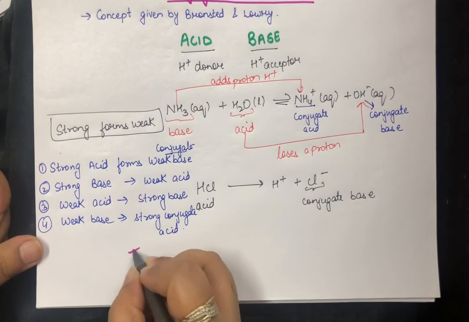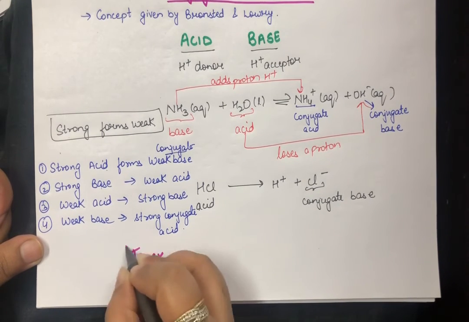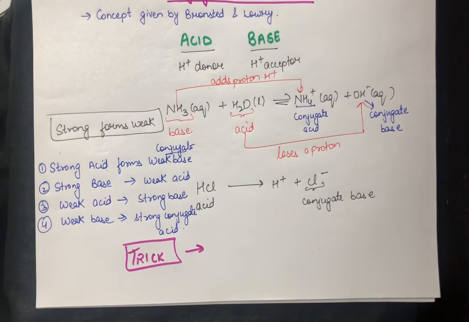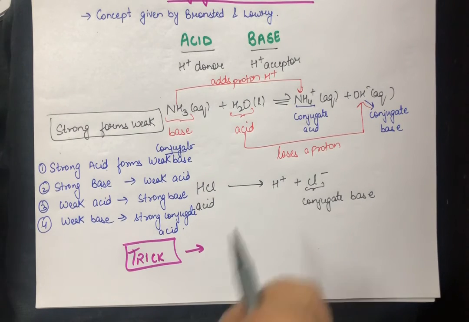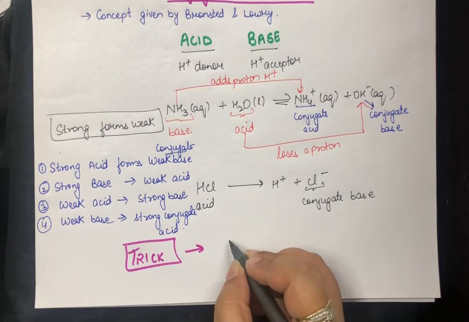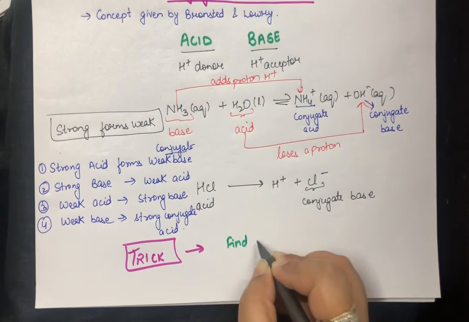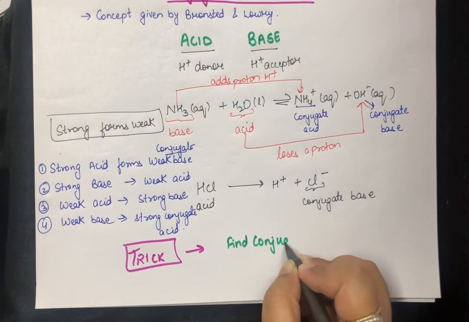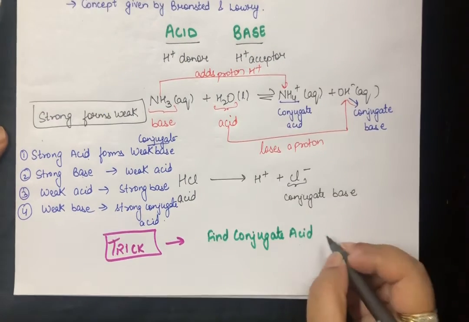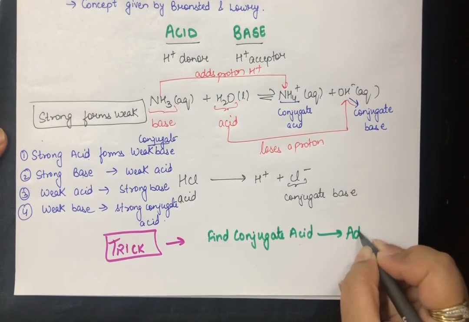Apart from that, if I talk about the trick, how to solve the questions wherein you have to find out the conjugate base or conjugate acid of a given compound, you have to do nothing. If the question says you have to find the conjugate acid, then add H plus.